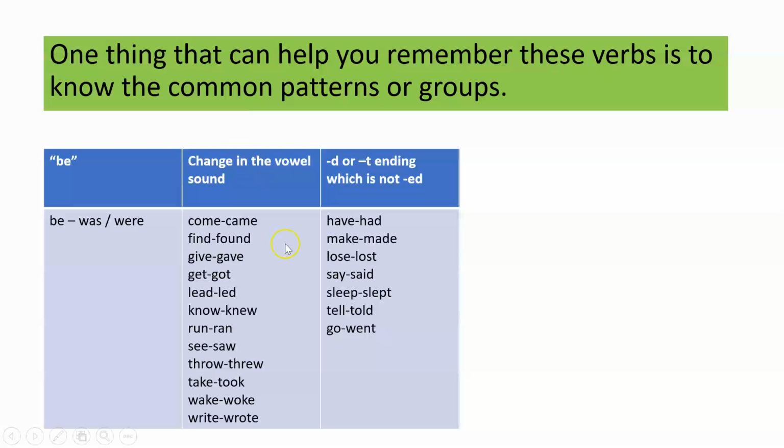The next group of verbs that you see are verbs that have a D or T ending, which is not the regular ED. For example, when I move from have to had, that D at the end of had is kind of a symbol of the past tense, but it's not forming the past tense in the normal way of just adding the letter D. So it's actually changing the V to a D. Here there's a change in a consonant.